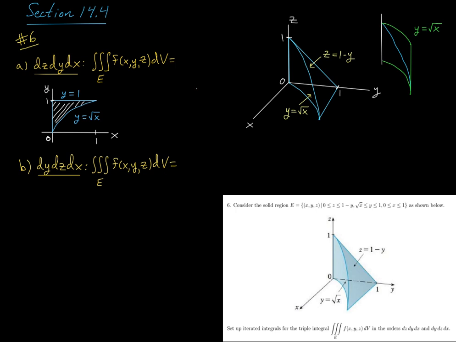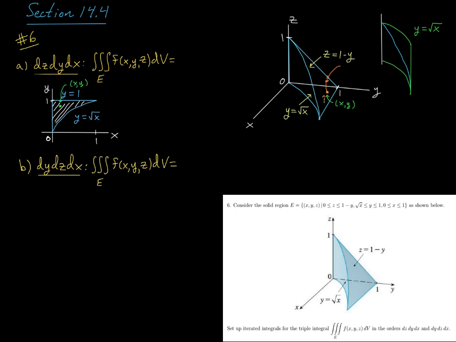So we're going to fix a point x, y in that region. So think about, here's our point x, y, and this is fixed for the moment, and now we're going to let z vary. And where is z going to vary? Well, we're starting down here in the xy plane when z is 0, and then we're just going to go straight up until we hit this face, this flat portion, in other words, until we're on the plane.